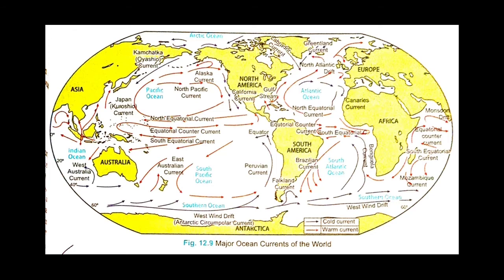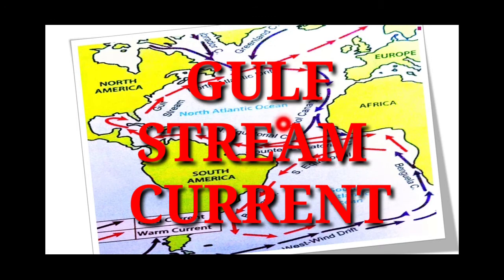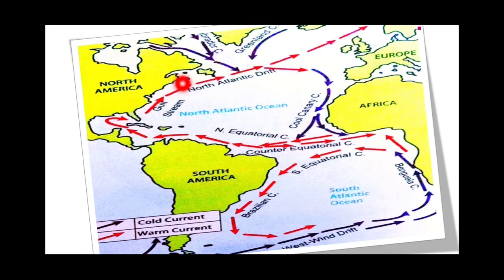So students, this is the nature of the warm and the cold ocean currents. Now we will learn about the major or important ocean currents, and we will begin with the Gulf Stream. You can see this is the Gulf Stream. It is one of the strongest and largest warm currents, and it originates from the Gulf of Mexico.